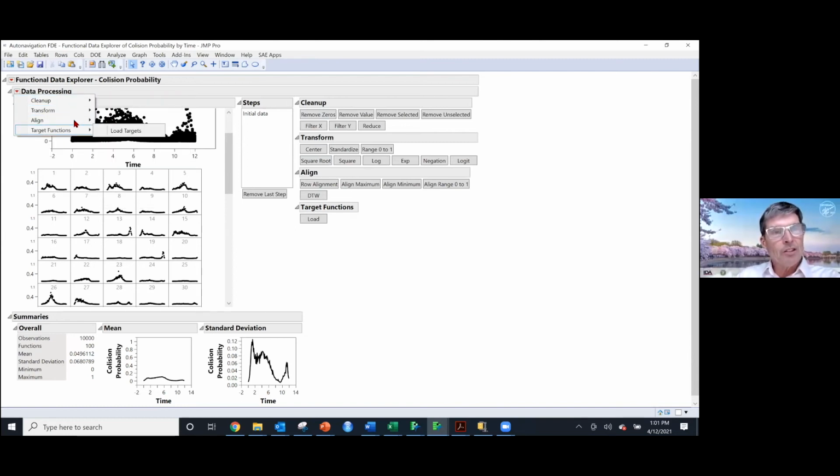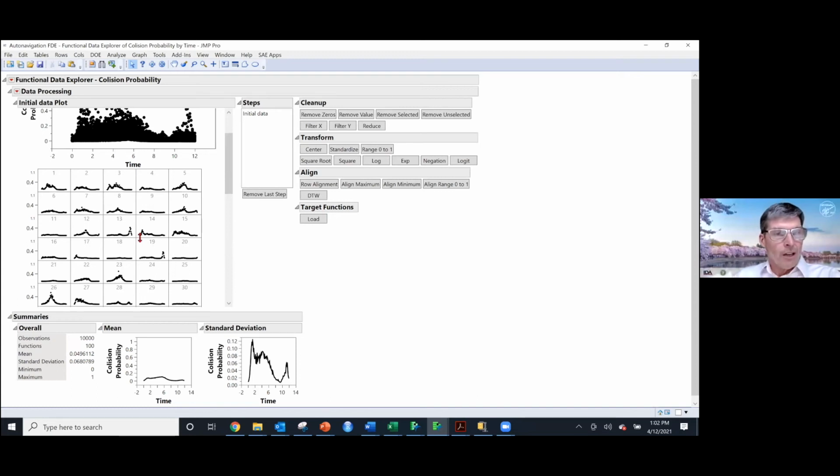And then this is where I want to load a target function. What I'm saying is, for one of these curves out here, how different am I, or how can I emulate that particular curve at a particular time? If I want to be at the 6-second mark and be on the curve, and the curve may be the simulated or the actual live, however you look at that, you go ahead and select it.